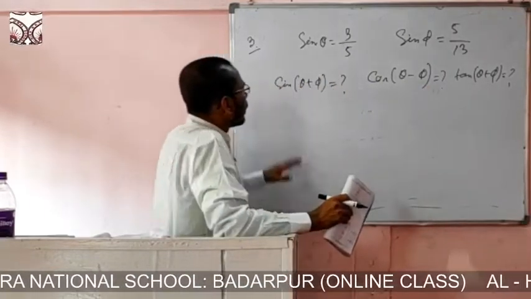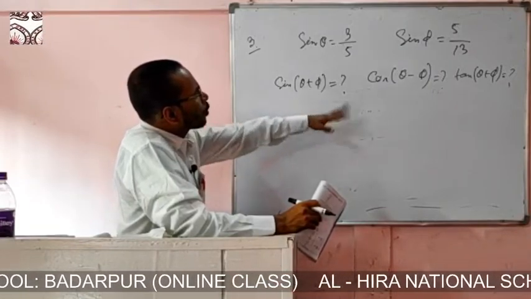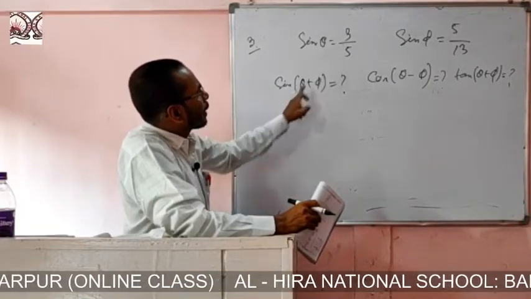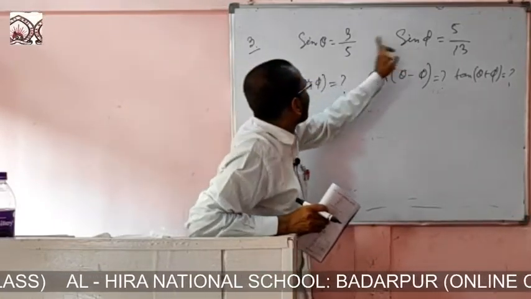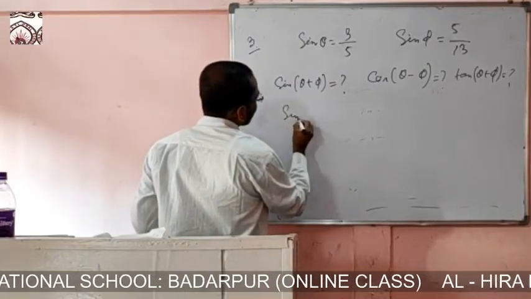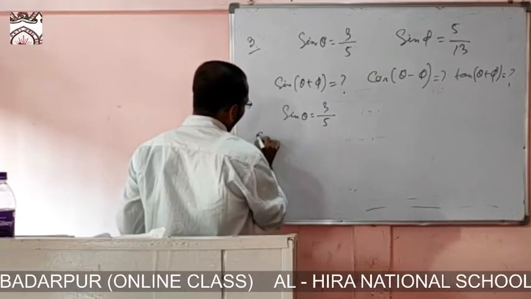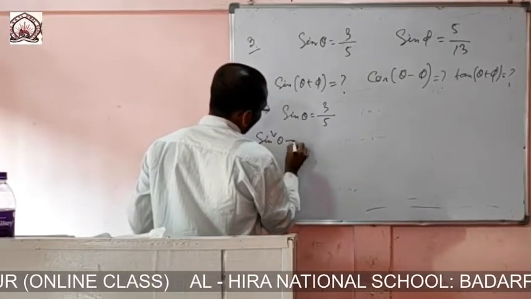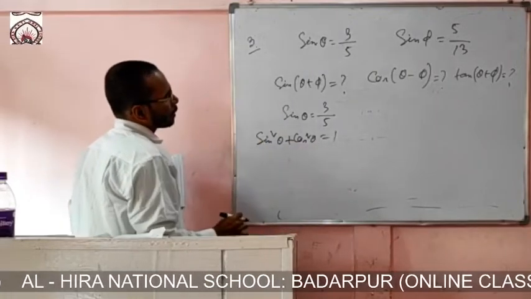I am doing one. You know, sin a plus b is sin a cos b plus cos a sin b. Here a is theta and b is phi. Sin theta is given 3 by 5. So we know sin square theta plus cos square theta is equal to 1, the earlier identity.